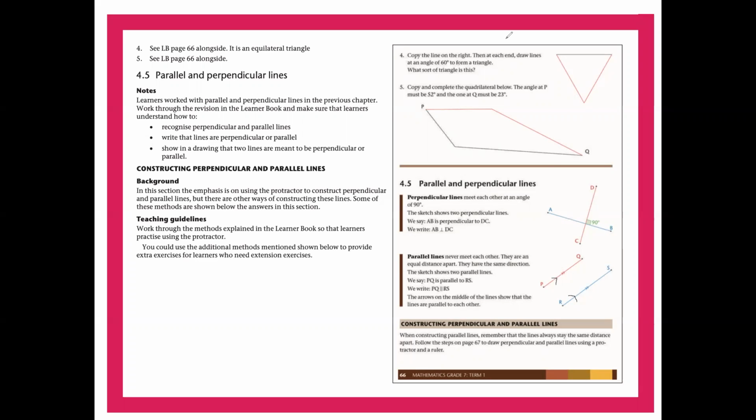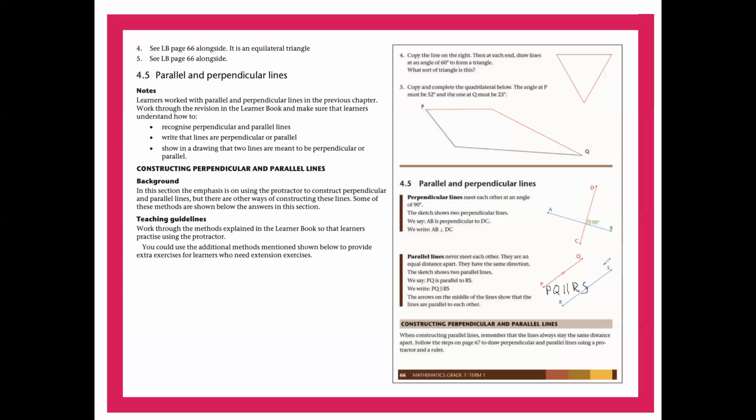When writing it, you say PQ, so you label the line with two points that you have found on the line, then you put a line and a line, and then you say RS. So by seeing that, you know that PQ is parallel to RS.